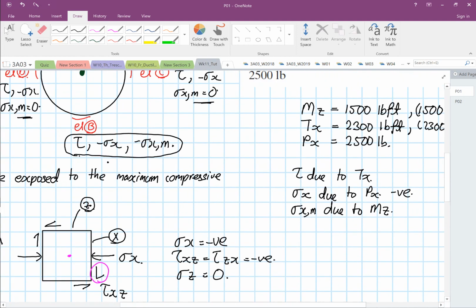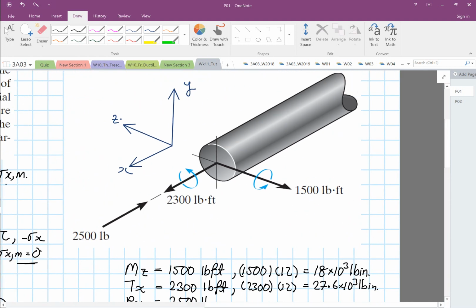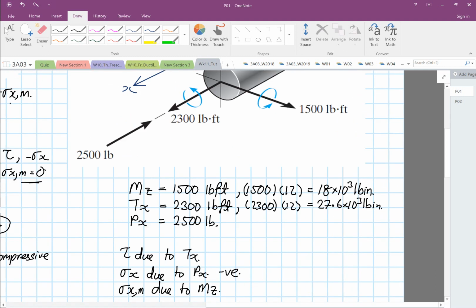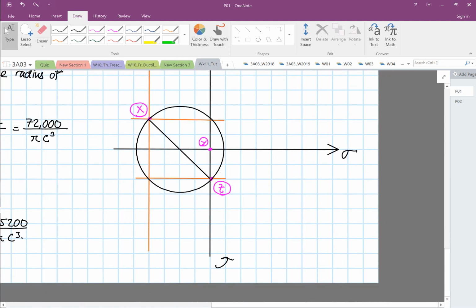Alright, so if you look at the Y direction, there's no stresses at all. Okay, in the Y direction, 0. So this is one of your circles over here. Alright. And the pink circle that I've just drawn, this is for your YZ plane.